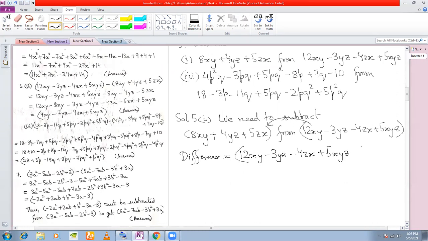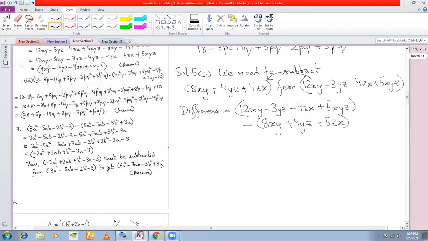Okay. Minus, since I don't have space in the same line, I'm writing in the next line, minus 8xy, but you should try to write it in the same line. If you have the space, you will write it in the same line, plus 5zx. Okay. Now the next step here is, remember when I told you that in case of subtraction, there is a minus sign outside this bracket here, right? And there's a plus sign here. So when you're opening the brackets, all the signs will change.